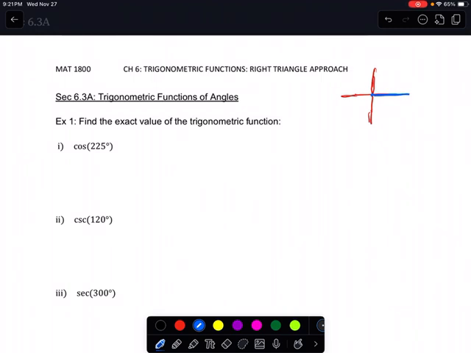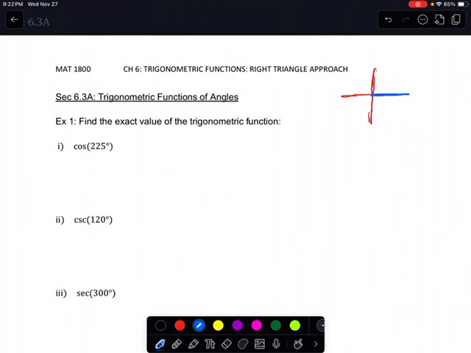So that's the first thing we have to do. First thing, we draw the angle. So the terminal ray will be anywhere in the quadrants, and then we will find something called reference angle.